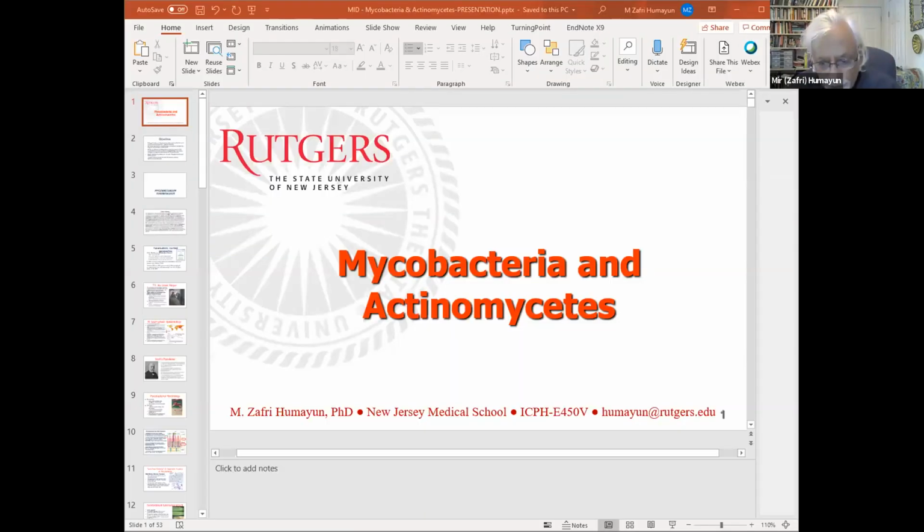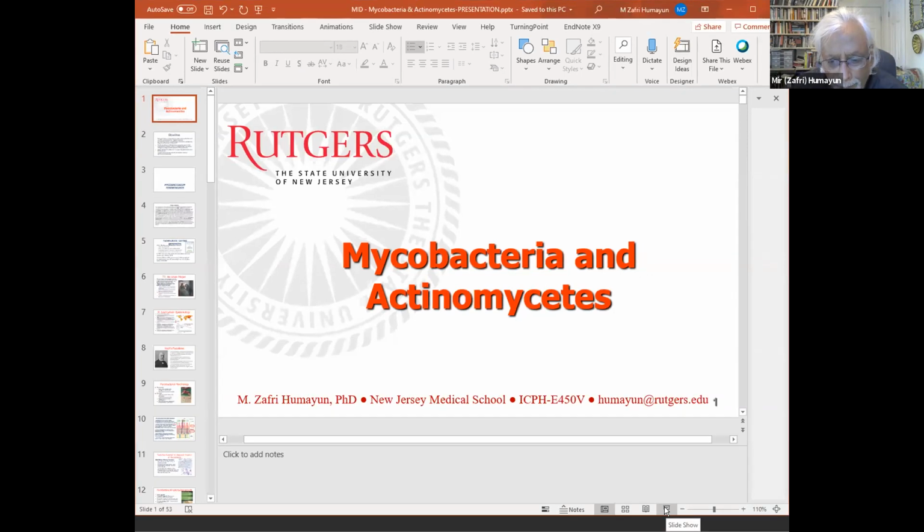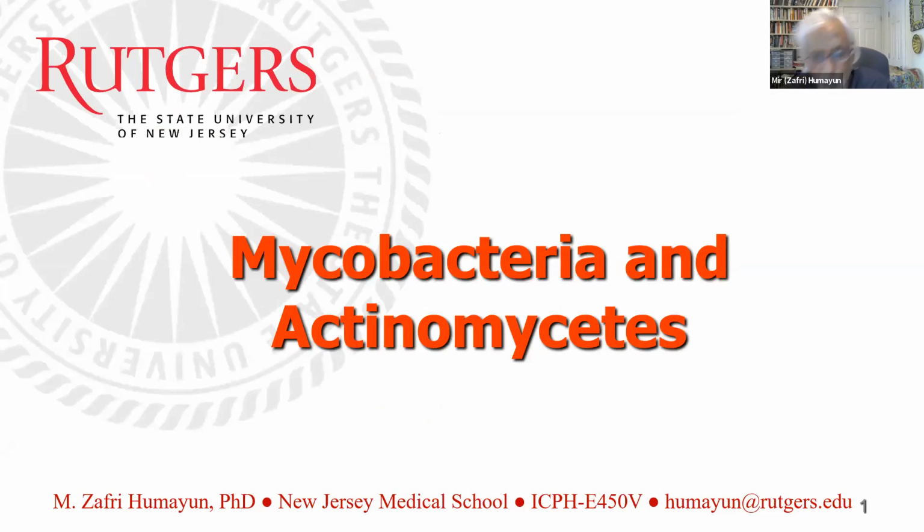We are going to be looking at a very interesting topic today, Mycobacterium tuberculosis, as well as related organisms. Let me go straight to the presentation. You should be able to see the presentation now.